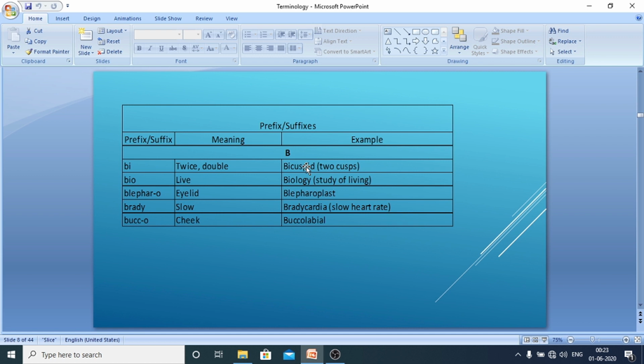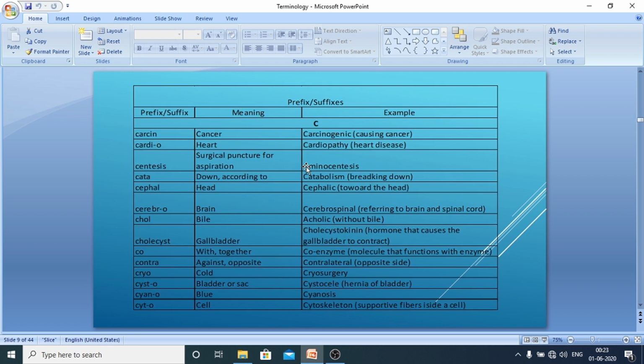Bio means life, and the example is biology, which means the study of living. Carcin means cancer. The example is carcinogenic, which means causing cancer. Here carcin is a prefix because it is placed in front of the root word.